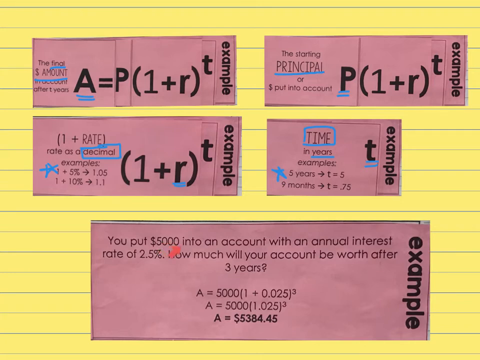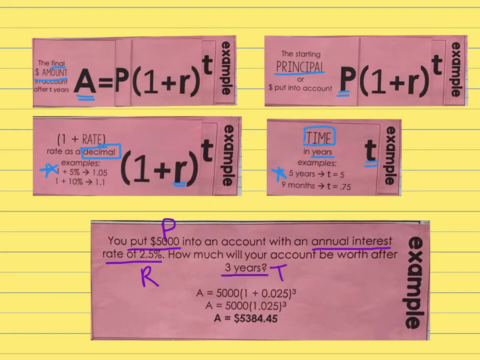It says you put $5,000 into an account with an annual interest rate of 0.25%. How much will your account be worth after 3 years? So I'm just going to go through and label these. The amount of money I started with would be my letter P. The annual interest rate is my R. The amount of time would be years, 3.